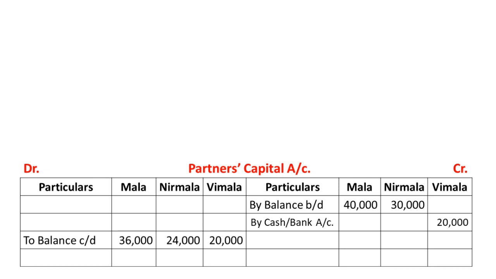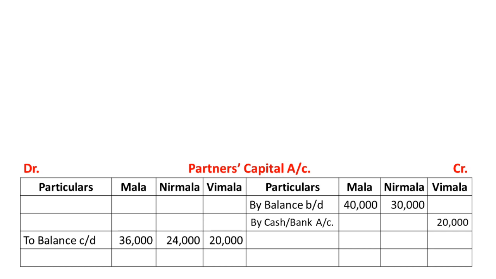On the debit side, we have to record the new closing capital which we have calculated: rupees 36,000 in the column of Mala, rupees 24,000 in the column of Nirmala, and rupees 20,000 in the column of Vimala, by writing 'By balance carried down' to the balance sheet.